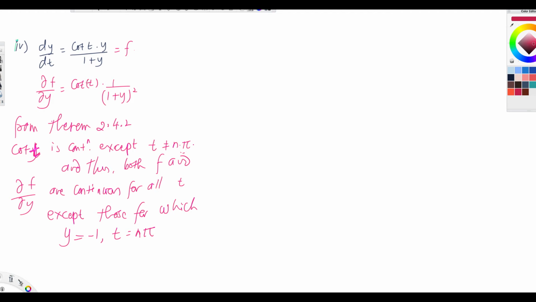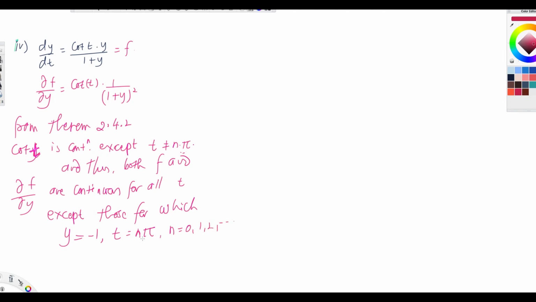So f and its partial derivative with respect to y are continuous everywhere except these values, where y is -1 and t equals n times pi, where n is 0, 1, 2, and so on.